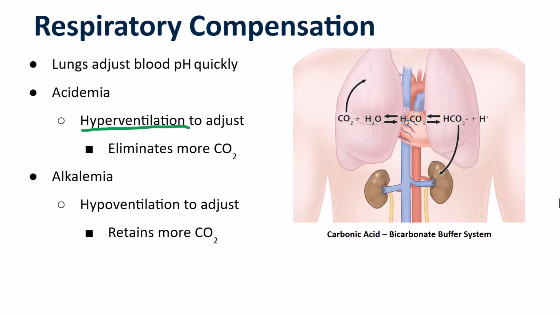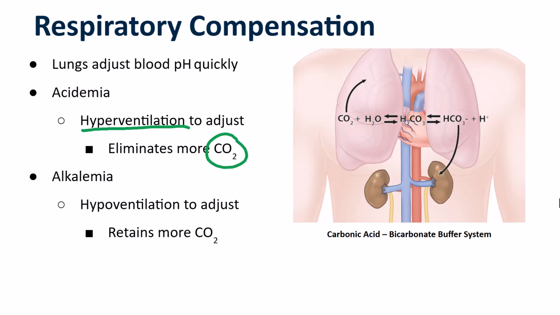So hyperventilation is the increase of moving gases through the lungs. So a quicker breathing rate. By hyperventilating, you are eliminating more carbon dioxide from the blood, as it is a volatile acid that is going to help increase pH, so lower the acid content of the blood.